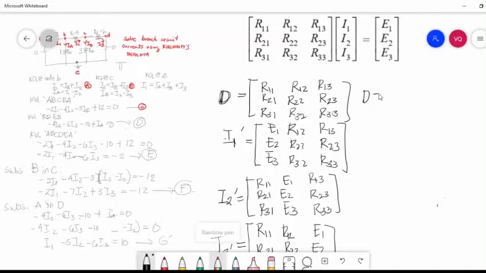So, D is equal to, what is our R11? It is equal to negative 2. R12 is negative 4. R13 is negative 6. R21 is negative 2.